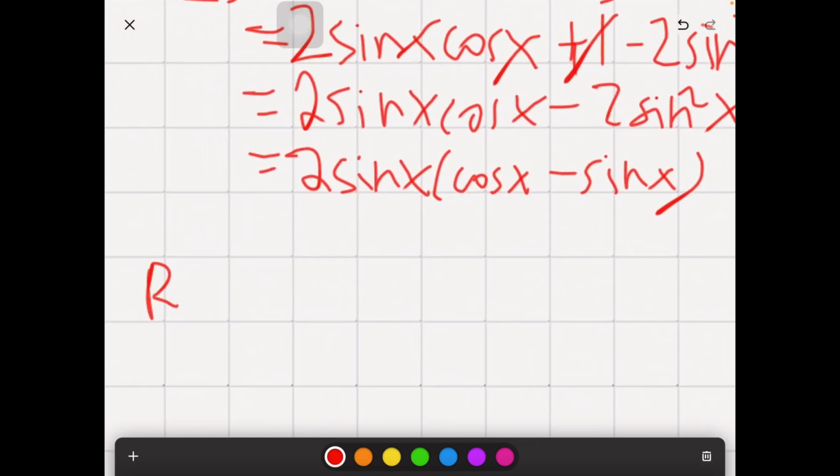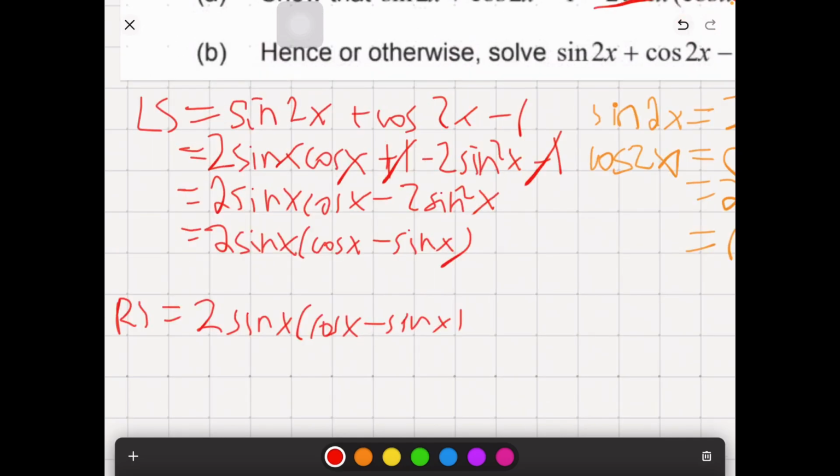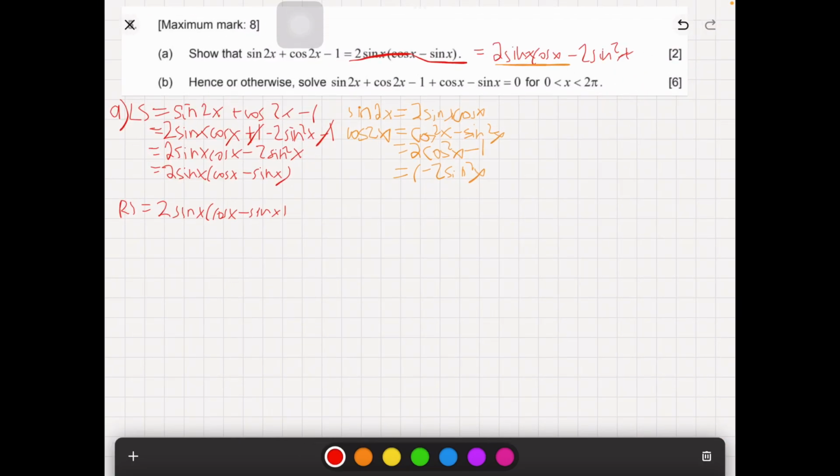So right side equals 2 sine of x times (cos of x minus sine of x). I should probably also label that this is question A. And yeah, we're basically done with part A.